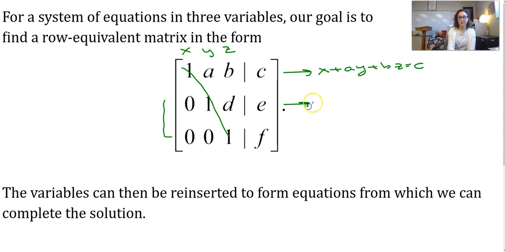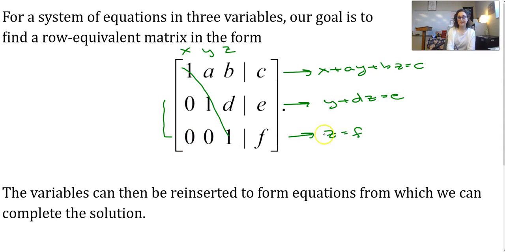The second row is going to represent 0x, I can leave that off, plus 1y, plus dz equals e. And the last row is going to represent 0x plus 0y plus 1z equals f.